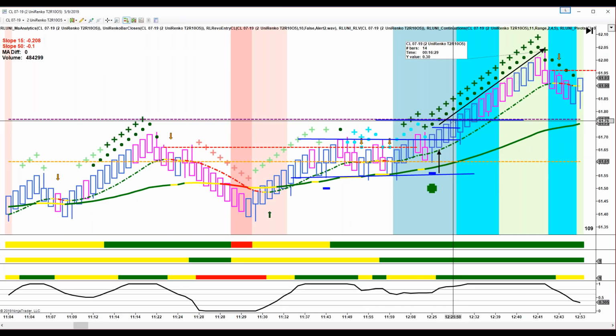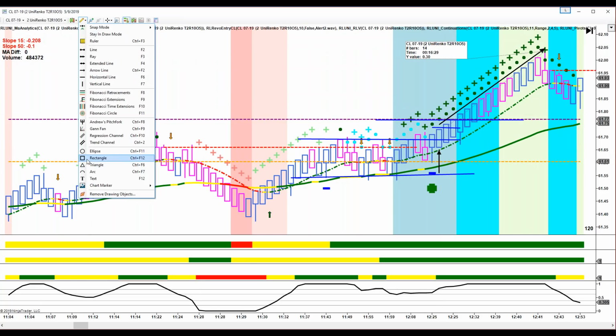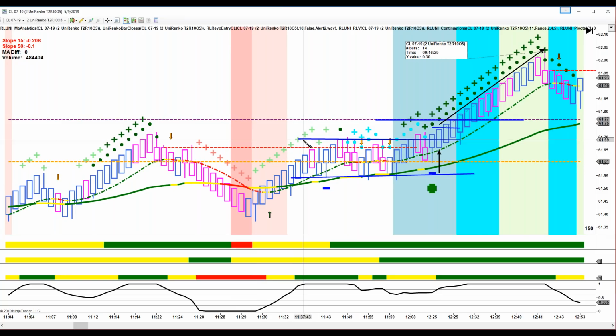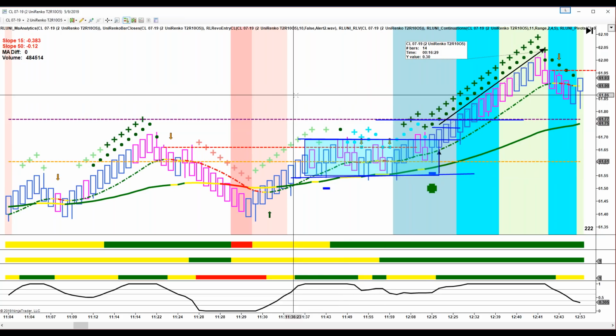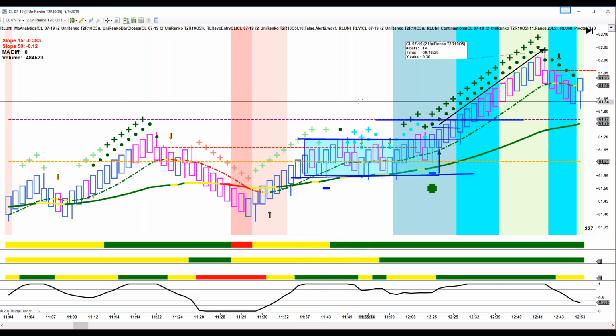Now, I wouldn't take this trade into resistance, but I just wanted to use it to demonstrate how powerful it is. And most of the time, consolidation begins right inside here, inside a clear area where there is no multi-time frame alignment.